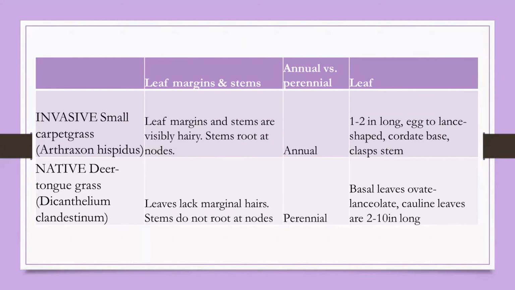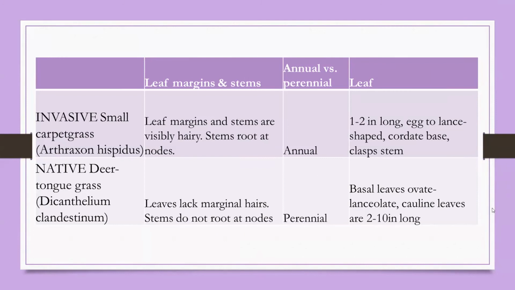They tend to be 2 inches to 10 inches, and so not so short, while the small carpetgrass will be 1 to 2 inches and more of an egg shape, while the deer tongue is a much stronger lanceolate shape all along the stem of the plant. Deer tongue is also a perennial.